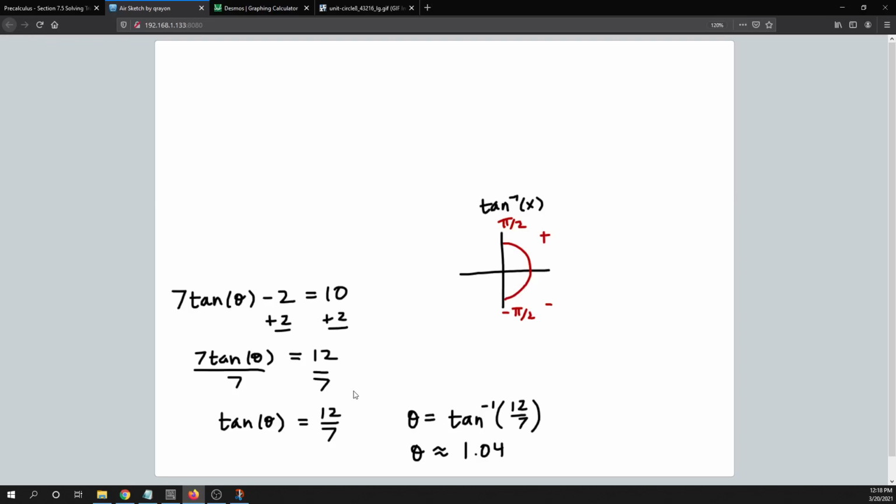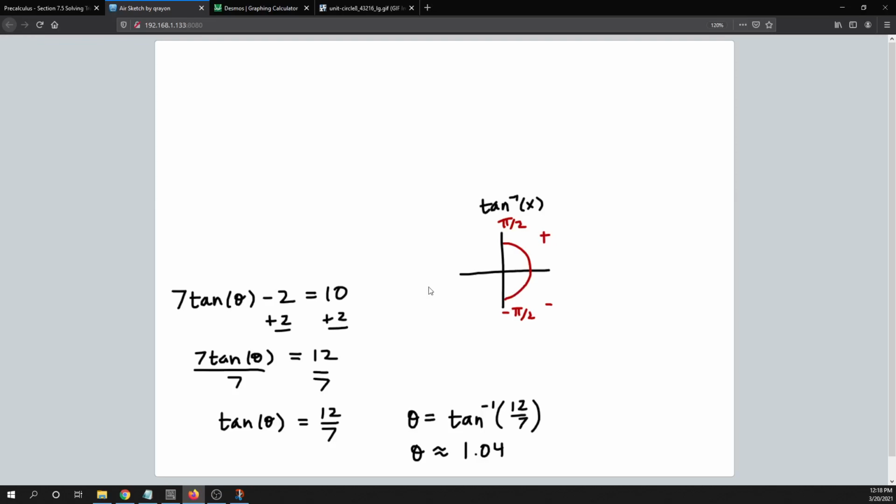If the number that you're taking the inverse tan of is positive, it's going to give you an answer that's in the first quadrant, which is in our range. We want 0 to 2 pi. If the number that you're taking the inverse tangent of is negative, it's going to give you an answer from minus pi over 2 to 0, which is not what we want.